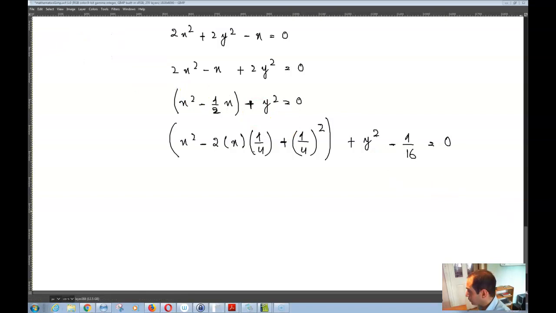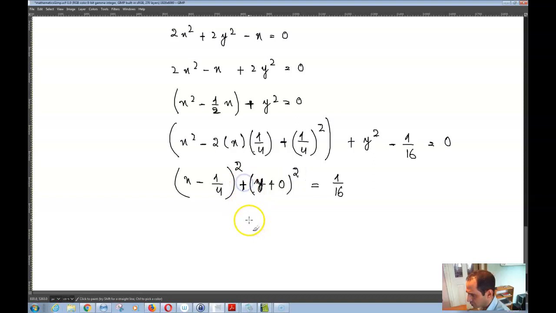So now that you have written your equation this way, you can write this part as x minus 1/4 whole squared. This is the first part. And then you can take this to the other side of the equation, write it as 1/16. And then this y squared, you can write it as y plus 0 whole squared, and add it to this.